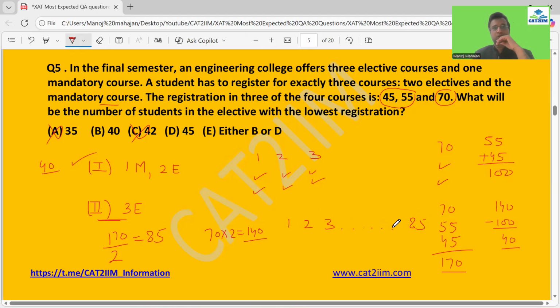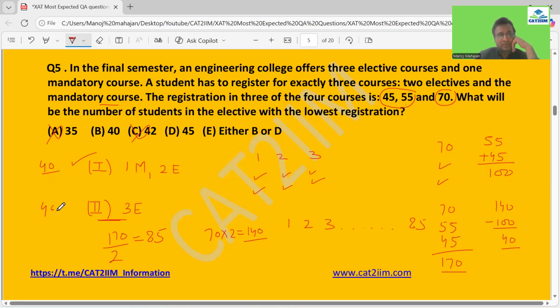So 85 students in the final semester of the engineering college, and everyone would be looking forward to getting two electives out here. So this case is also very much possible. So when we talk about total registrations as 170, we had 45, 55, 70. So the lowest in the elective was 45.